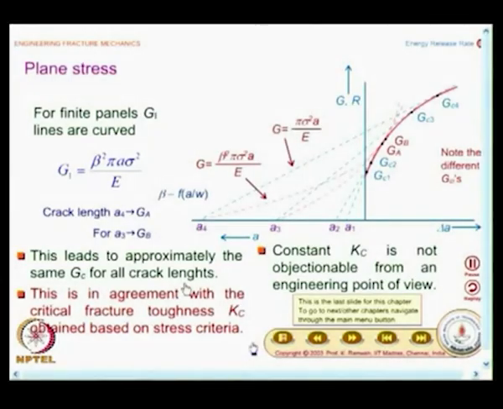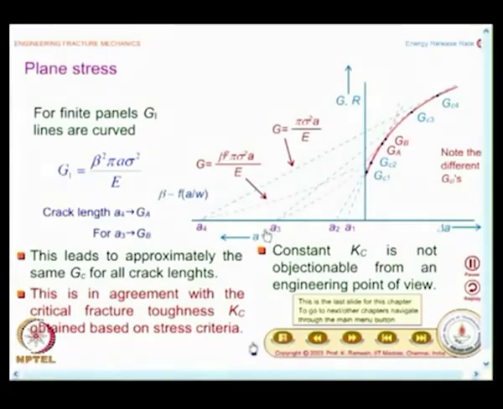And when you go to the stress intensity factor literature, you would have what is known as fracture toughness, which is given the symbol K suffix C, and fracture toughness for specific thicknesses, or the plane strain fracture toughness, is considered a material property. A constant Kc is not objectionable from an engineering point of view, because there again you will see if you go for thin panels the value of Kc increases, that is a separate aspect.